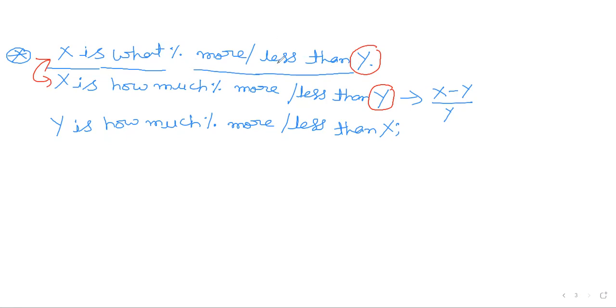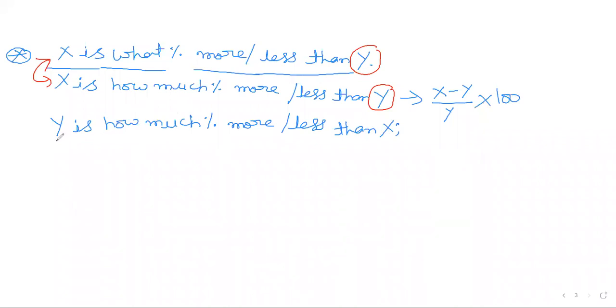So the difference is required, the relative measure of the difference. So it goes in the numerator, right? In the numerator. So we will write here x minus y upon y into 100.